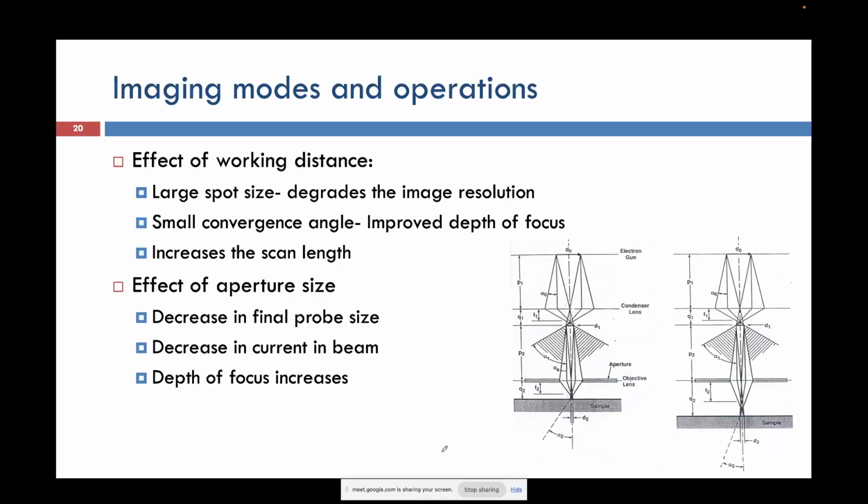There is another parameter, that is convergence angle. What will happen when we increase or decrease our convergence angle? Based on those parameters we put our sample and image our material.